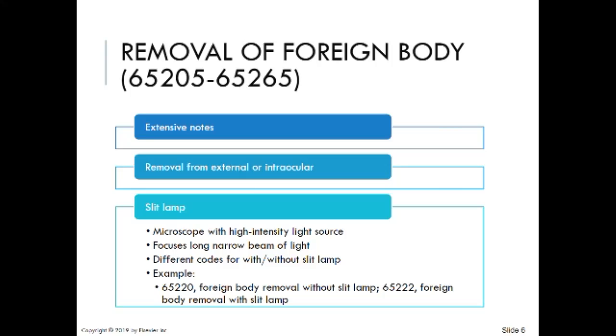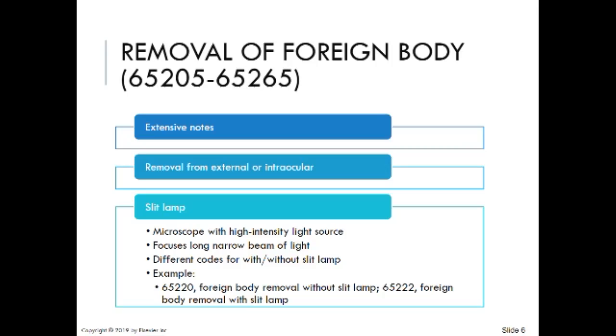So let's talk about the removal of foreign bodies, 65205 through 65265. It has extensive notes. Removal from external or intraocular, and it can be done with a slit lamp, or you can use a slit lamp as a tool for this procedure.